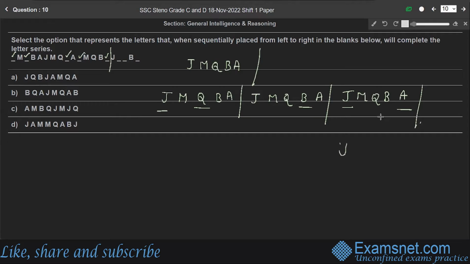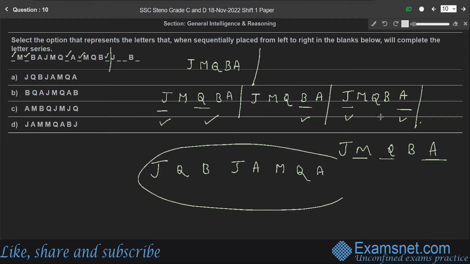Again, we have J and 2 more blanks to fill with M and Q, and we already have B, and the last blank should be filled with A. Therefore, the blanks should be filled with the letters J, Q, and B, then again J and A, then M, Q, and A. Therefore, the order of the letters to be filled in the given blanks is JQB, JAMQA. So option A is the right answer.